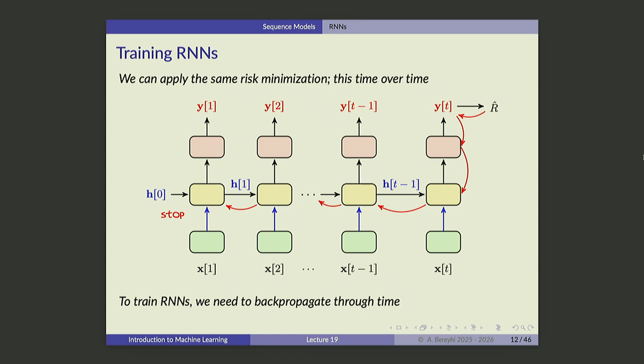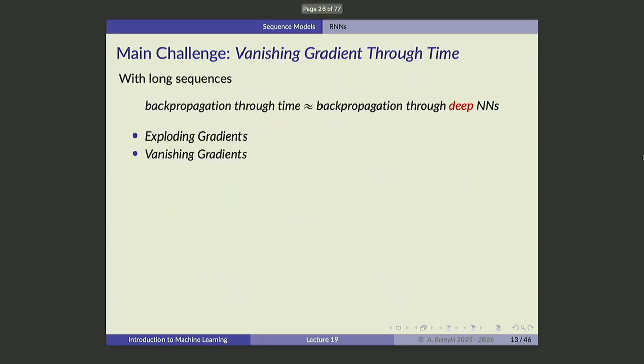Yes, backpropagation through time, right? So this means that every single time that you want to compute the gradient, you need to go one step back in time, and know the gradient of the previous time, right? But the gradient of the previous time, again, depends on the gradient of the previous time and so on, right? So this is the algorithm. We call it backpropagation through time.